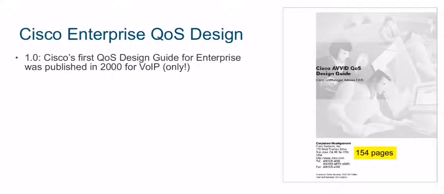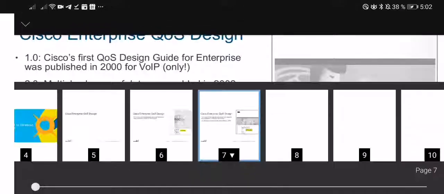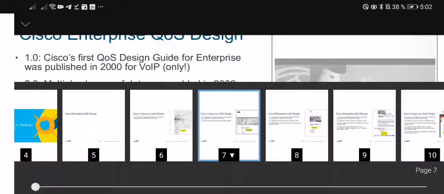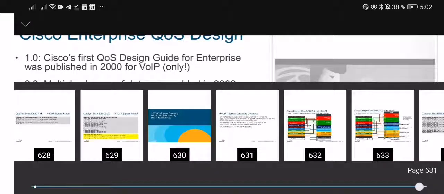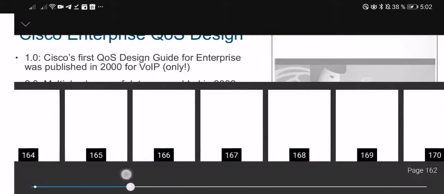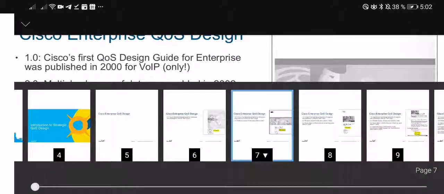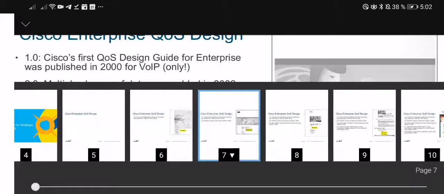Cisco Enterprise QoS Design. Cisco's first QoS Design Enterprise guide was published in 2000 for voice over IP only. Look at this. Let me actually show you how many pages. 630 pages. That's a pretty heavy reading.